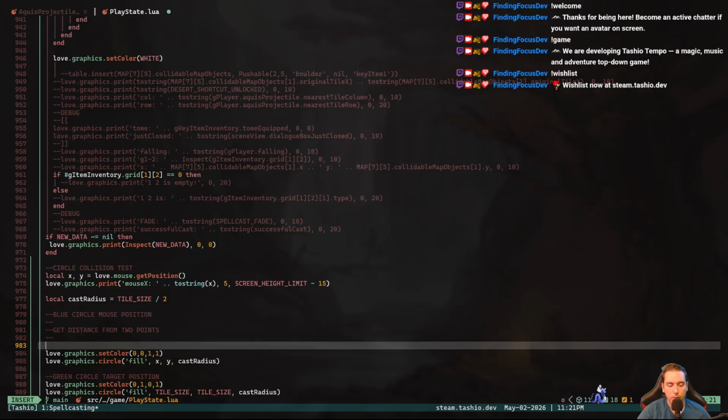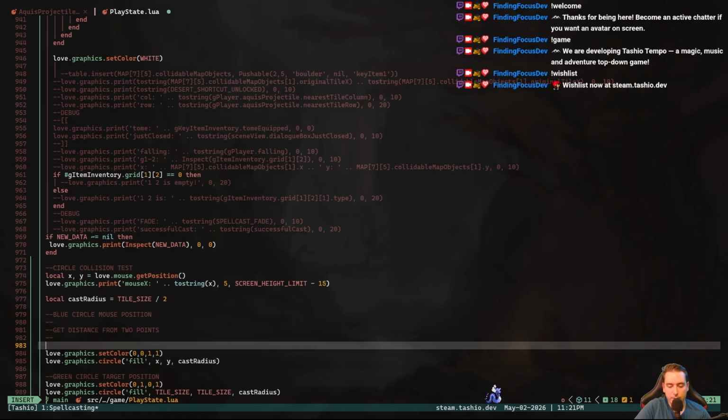So it's going to be a squared plus b squared equals c squared. And luckily the squared will make any value positive, right? Okay.